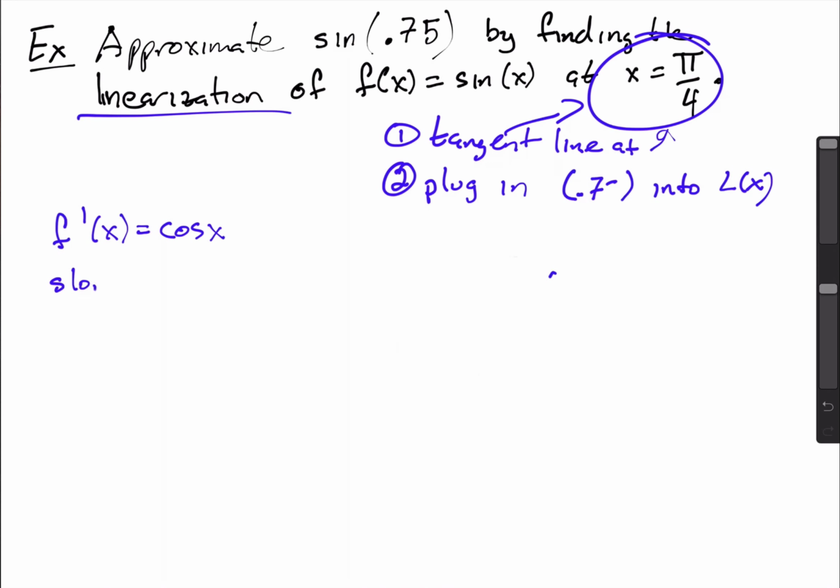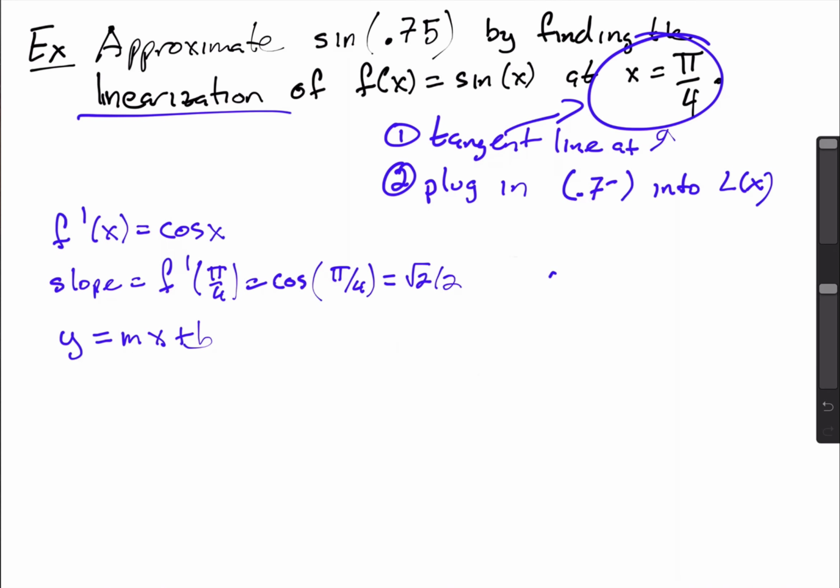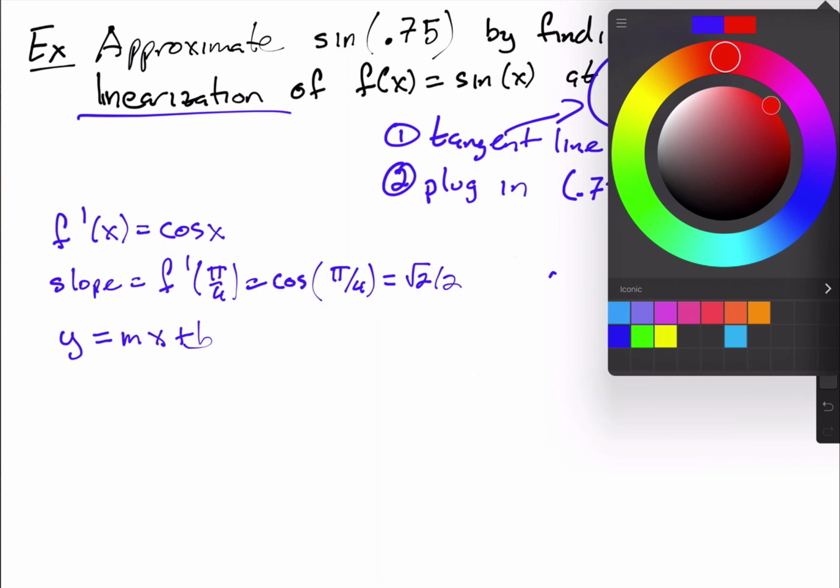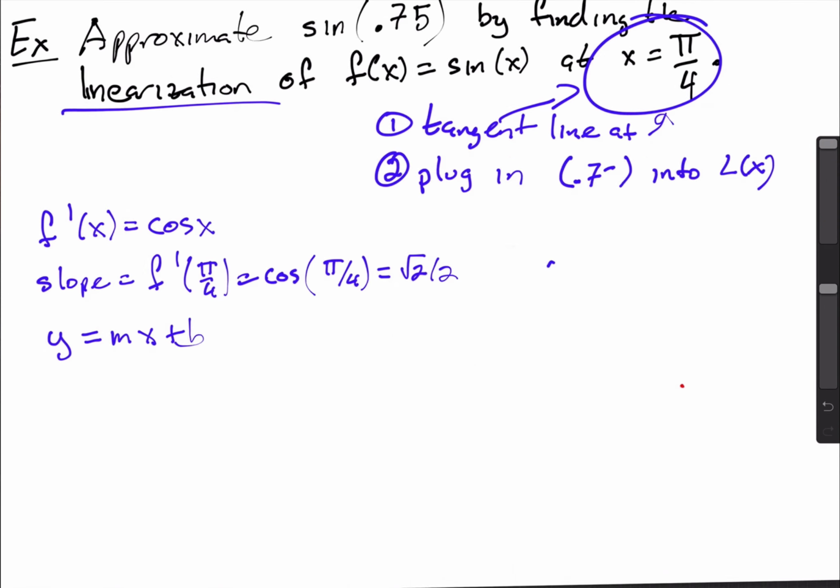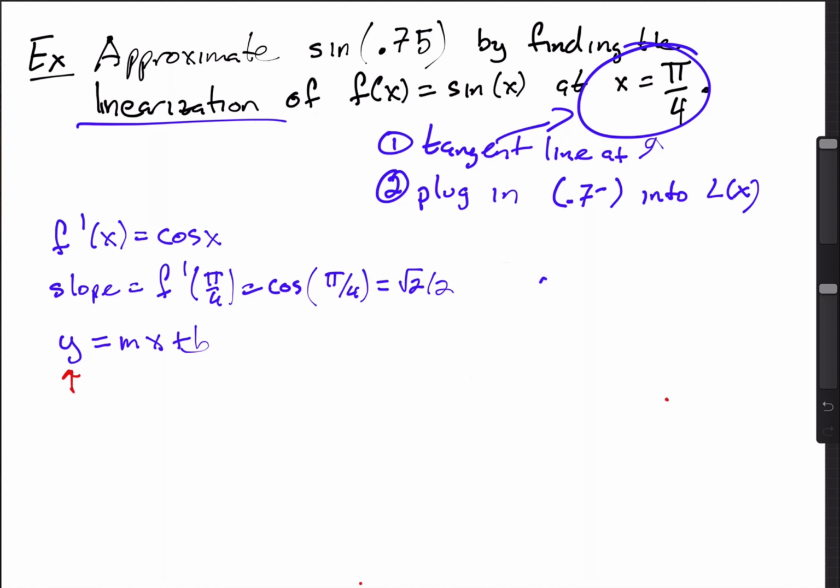So then the slope is f prime at pi over 4, right? So what's cosine of pi over 4? Okay, root 2 over 2. So then I have y equals mx plus b, right? So what's my y value?